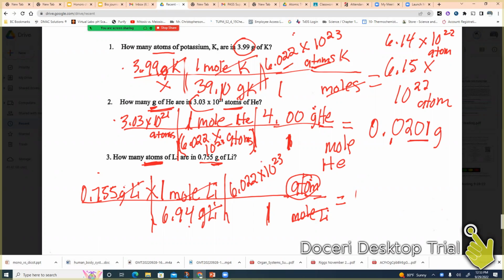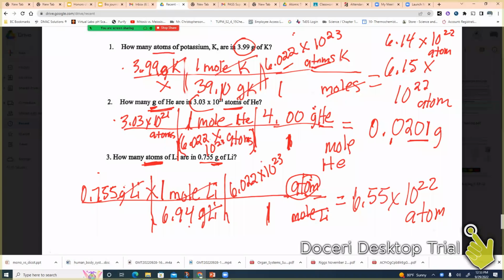And like we said, it's once again 3 sig figs. 6.55 times 10 to the 22nd atoms. And you could just put atoms. You don't have to put atoms of lithium. I do that sometimes, but just what the unit is fine. All right, any questions on that one?